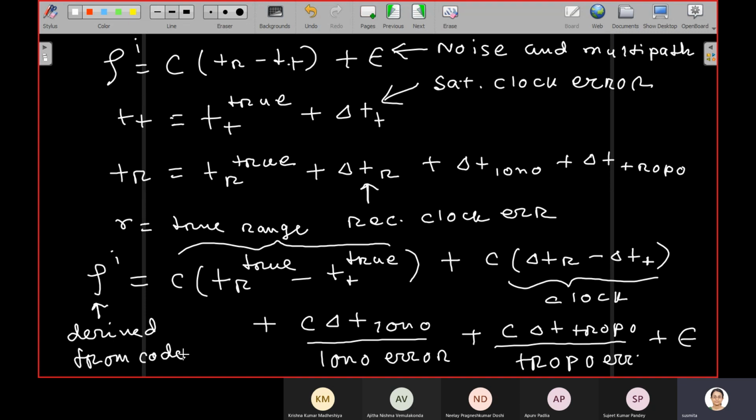It is also possible to derive an equivalent distance using the carrier. That will be more precise, but we will not get into that. As far as this class is concerned, we will talk only about the pseudo range measurement derived from the code. So this one here is actually the ionospheric error for code.